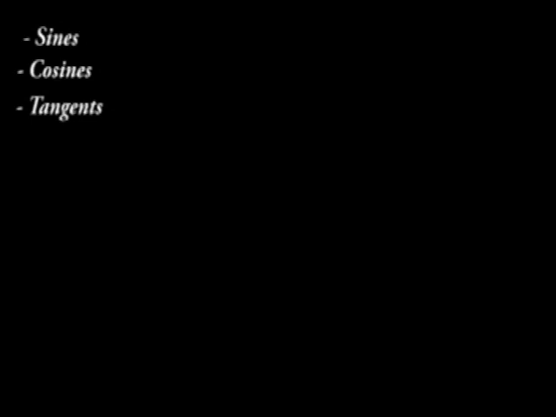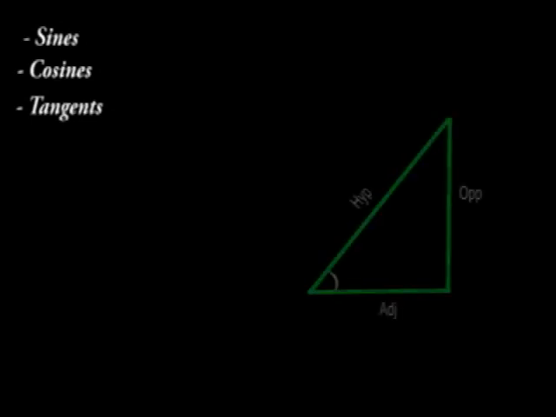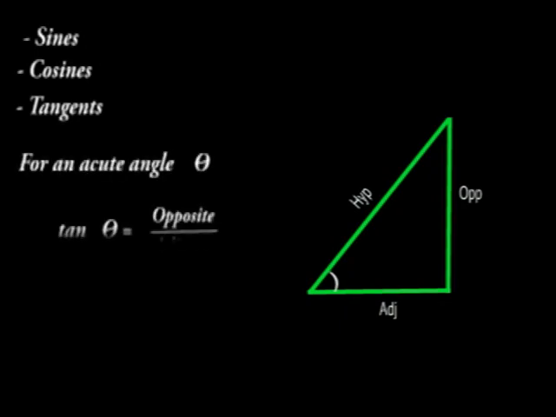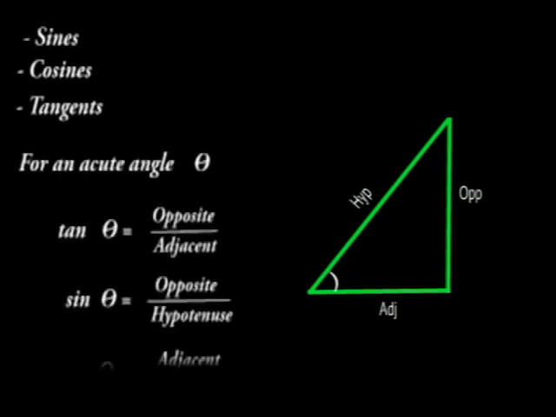Conventionally, the relationship between these ratios and the sides of a right-angled triangle are as follows. For an acute angle theta, tan theta is opposite over adjacent. Sin theta is opposite over hypotenuse. Cos theta is adjacent over hypotenuse.